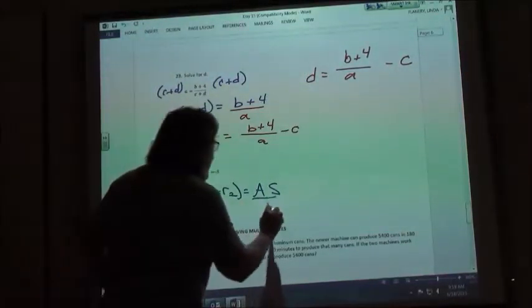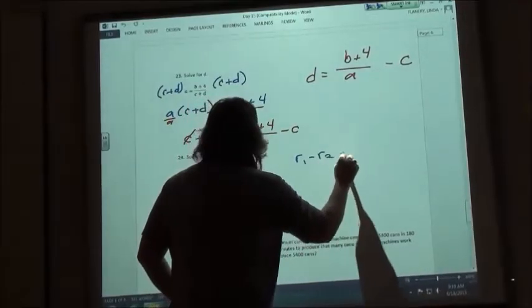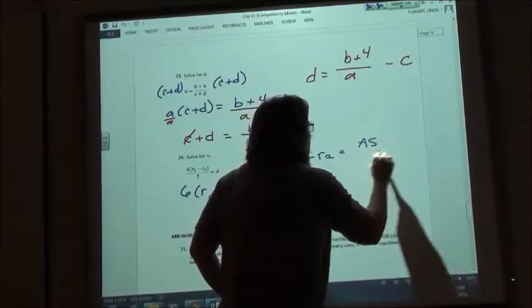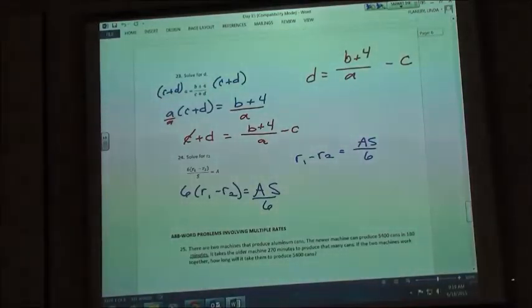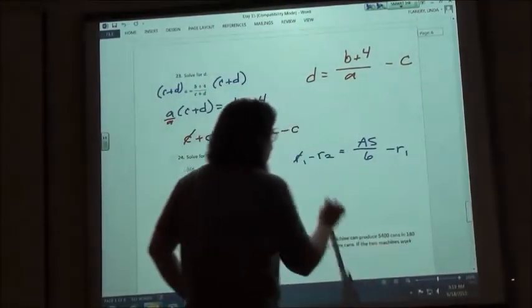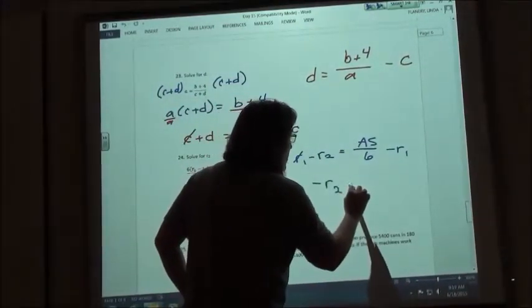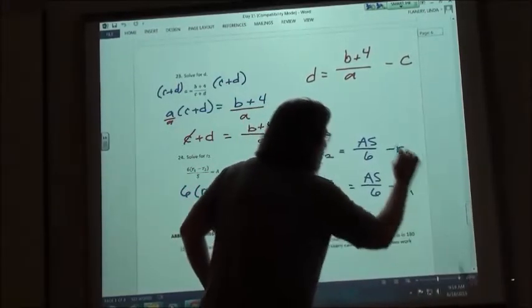So R sub 1 minus R sub 2 equals as over 6. From there I would subtract R sub 1. So negative R sub 2 equals as over 6 minus R sub 1.